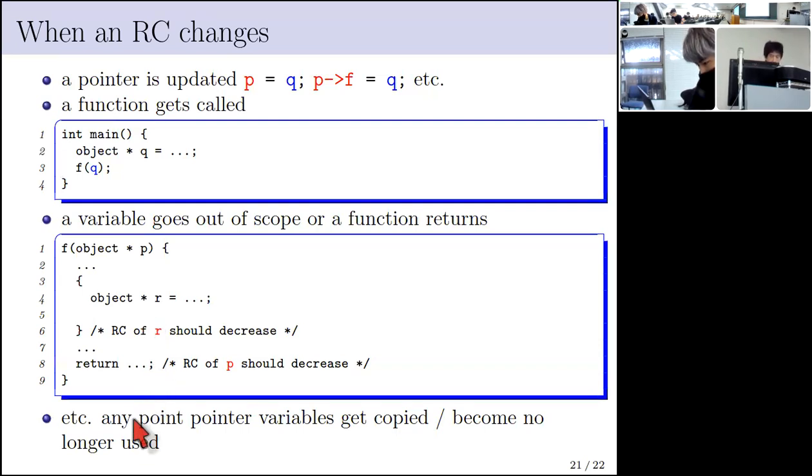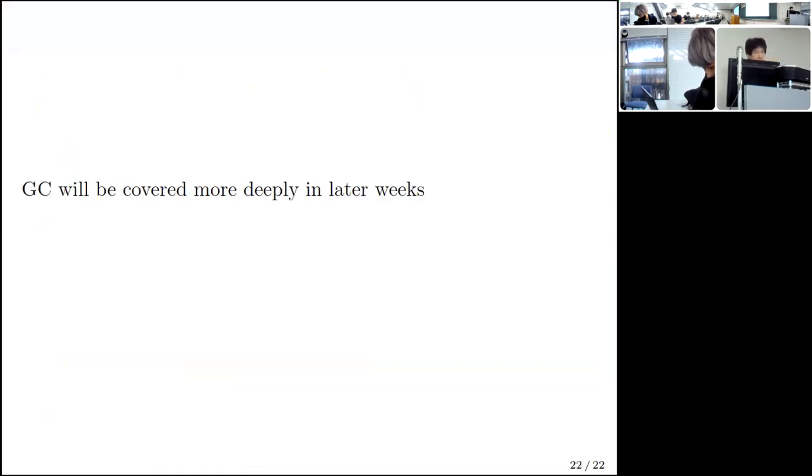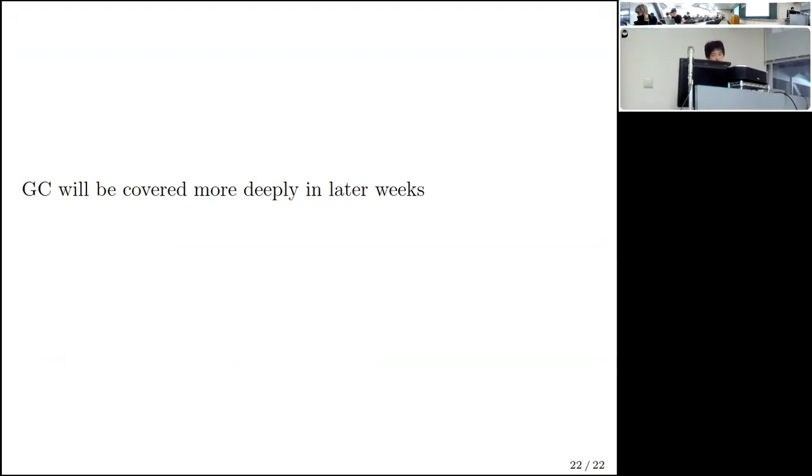So basically, at any point, whenever a pointer variable gets copied or becomes no longer used, a reference count changes. Okay, so I will cover more details about garbage collection in later weeks. So this is a very brief introduction that is necessary and hopefully useful before I get into how Rust works.